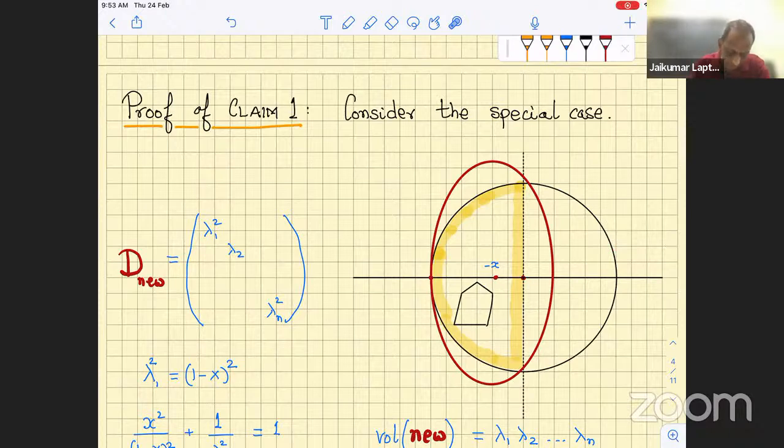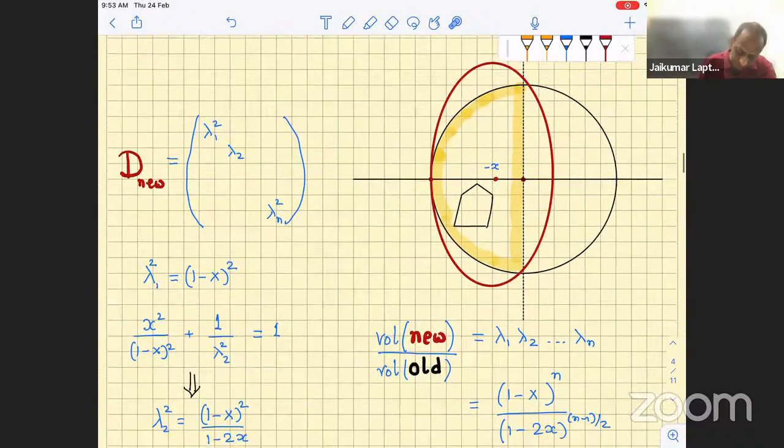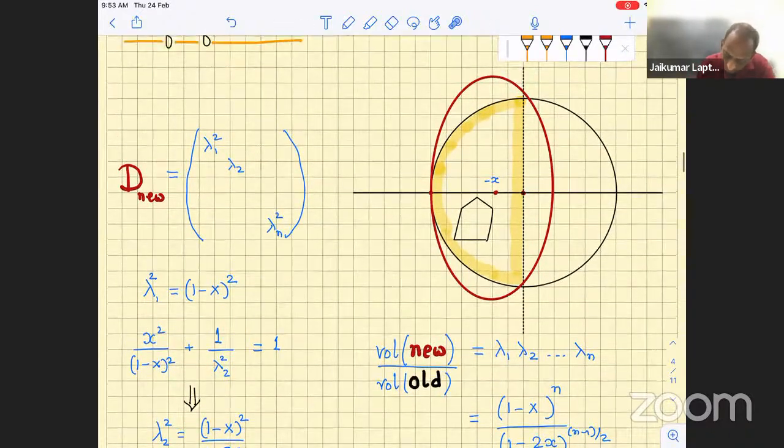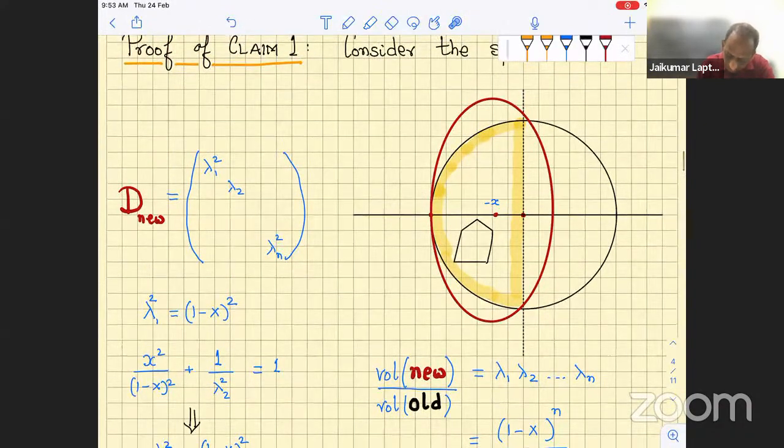Okay. So let us see. By symmetry, it seems reasonable that when you build the new ellipse, its center should be at some point here. Let us call it -x. The original ball was cut by this hyperplane, and this is the part where the polytope is hidden.